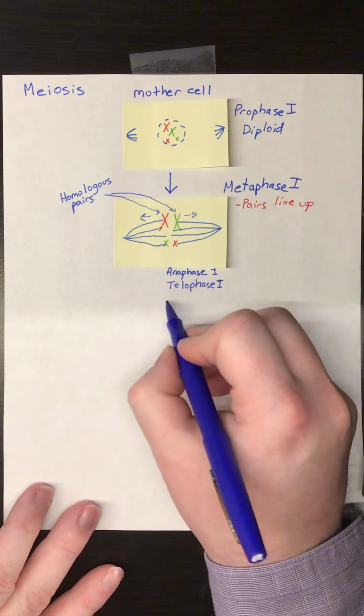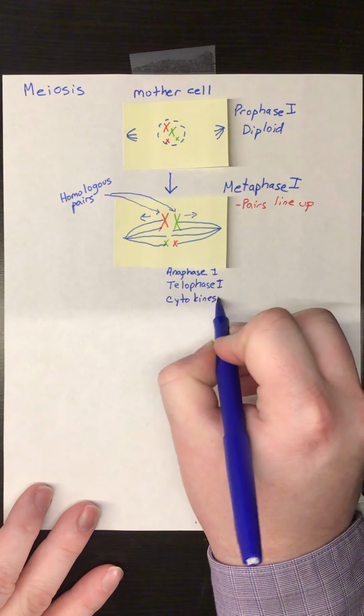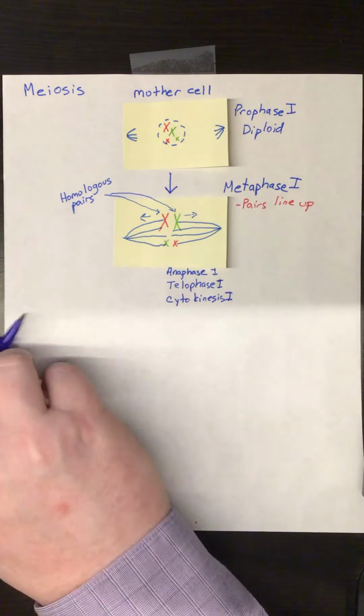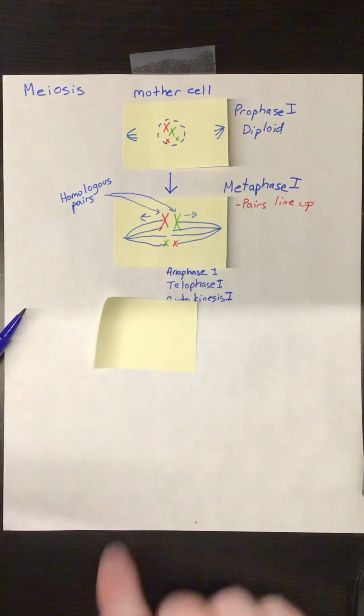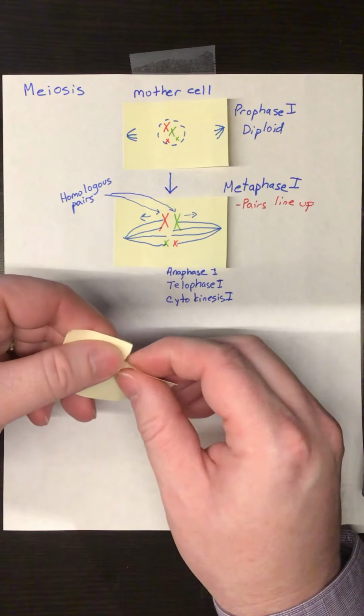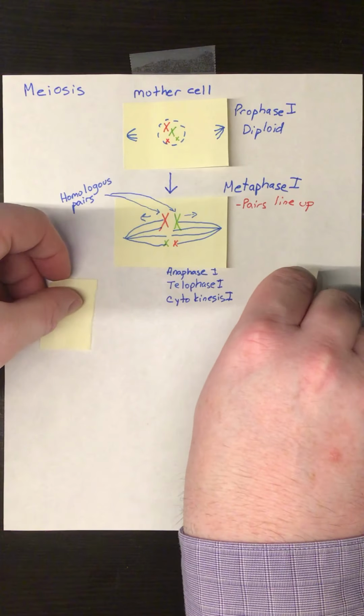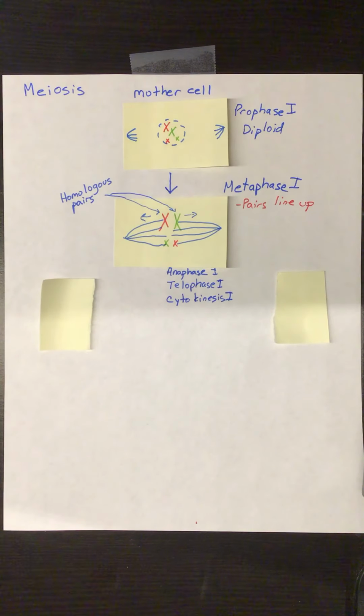And then cytokinesis 1 is when this one cell is going to split into 2. So I'm going to tear this in half to represent cytokinesis 1 and this one cell splitting into 2.